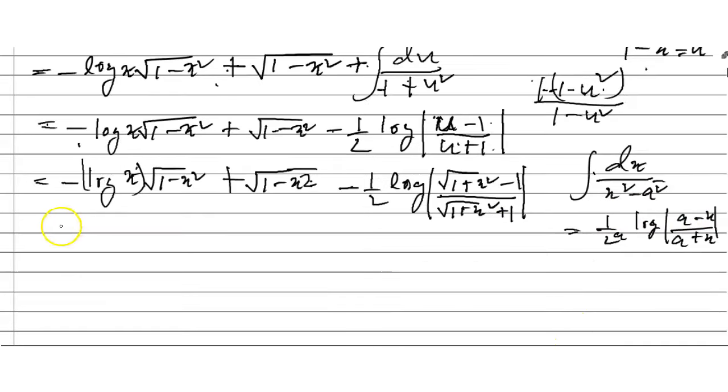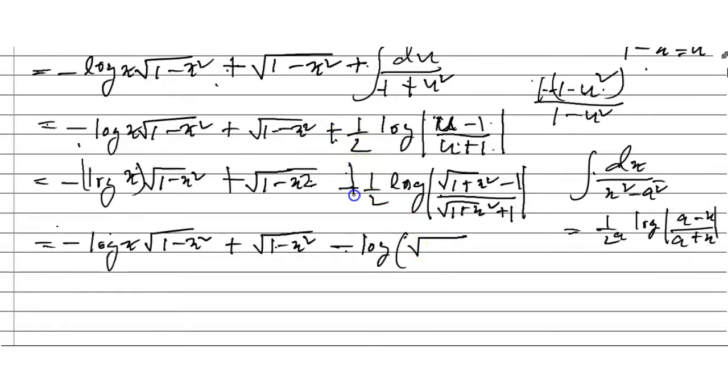So after simplification, whatever we have got: minus log x root over 1 minus x square plus root over 1 minus x square minus log of root over 1 plus x square plus 1, plus log x, plus c.